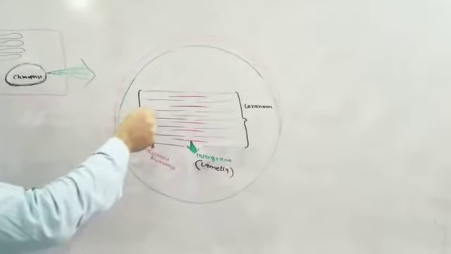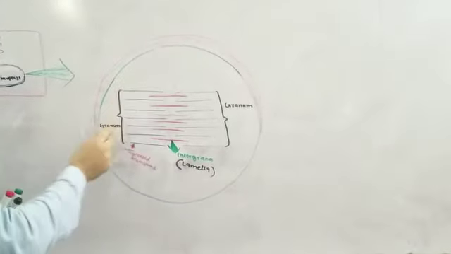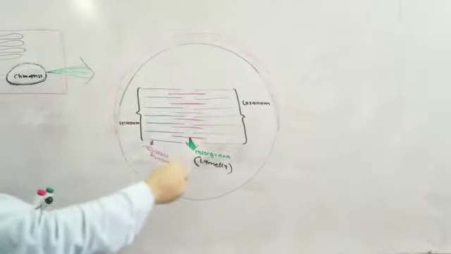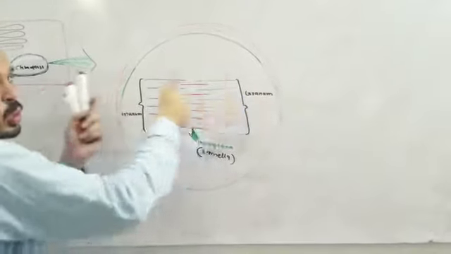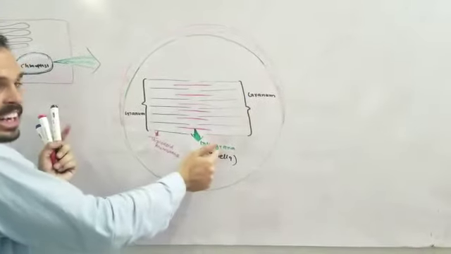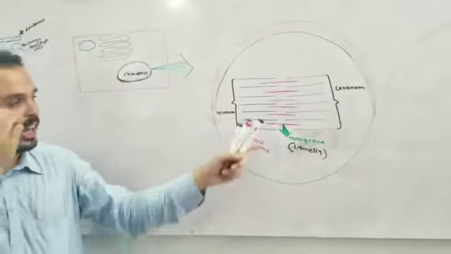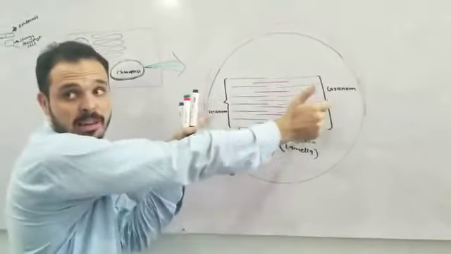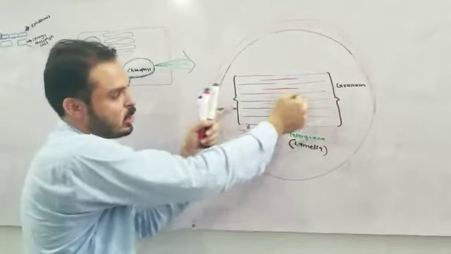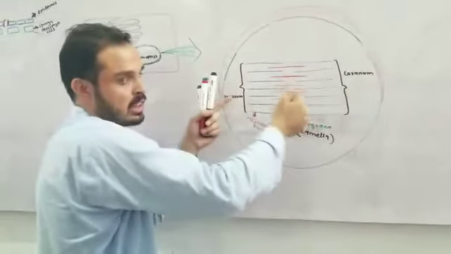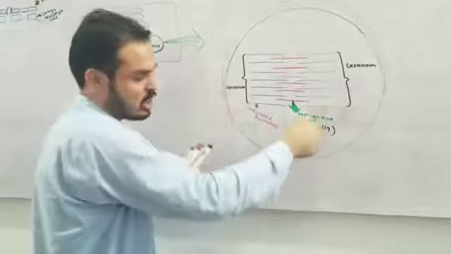When 50 thylakoid membranes combine, they form a whole structure called granum. The plural is grana, and the structure which connects two grana to each other is called intergrana or lamella. Why is it called intergrana? Because it is located in between two grana. It is simply called lamella.